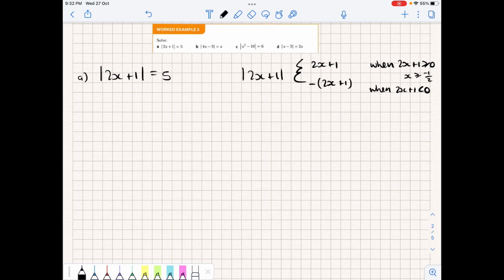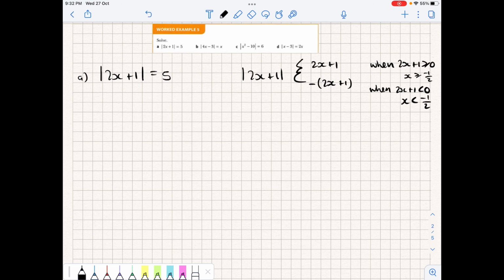And again, if we solve this inequality, we can see that this will be when x is less than minus a half. Now that's important because when we get our different solutions, we need to check that they also are within the values of x for each case.